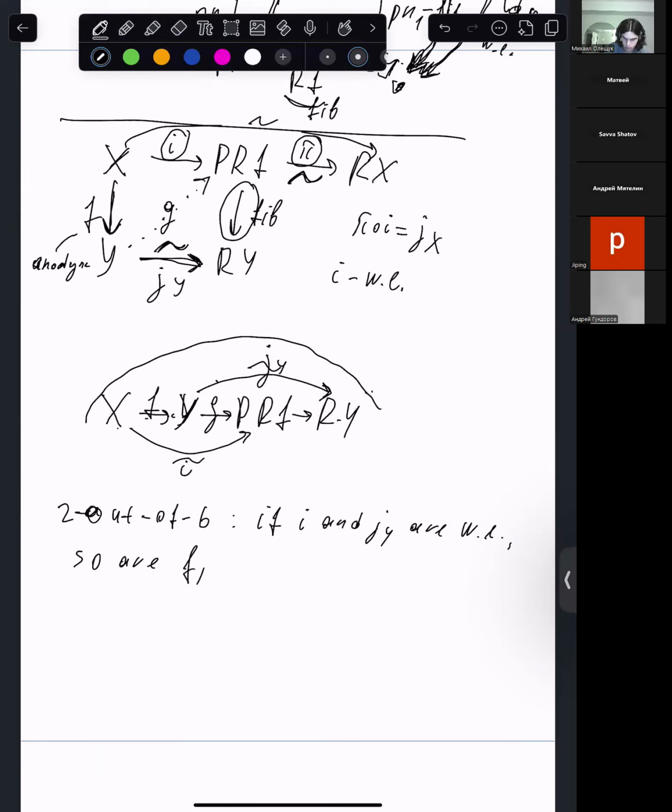So are F, J, and, okay, let's call it eta.